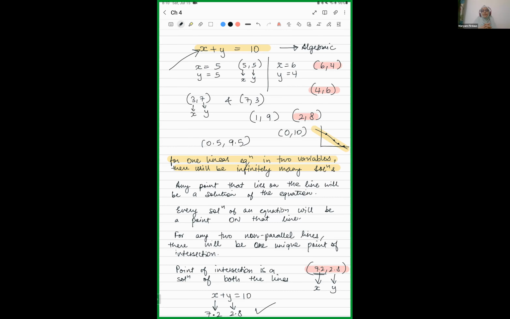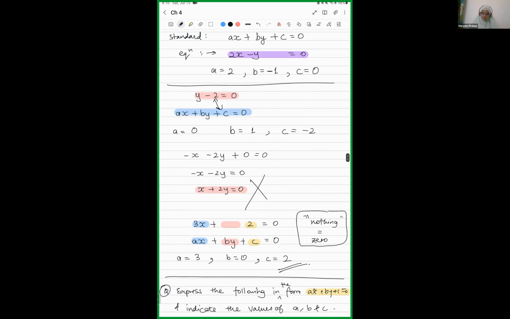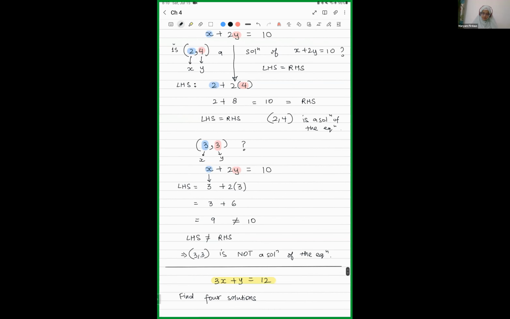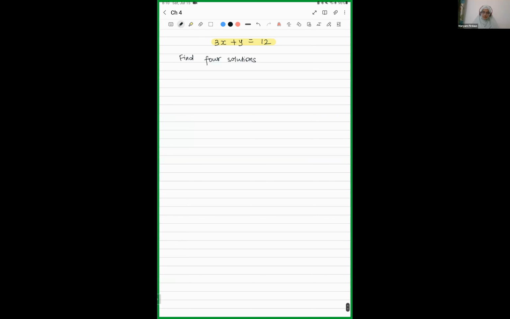Yes, Abdul Rahman. What is it? Okay, so 3 multiplied by 3 plus 3 is equal to 12.